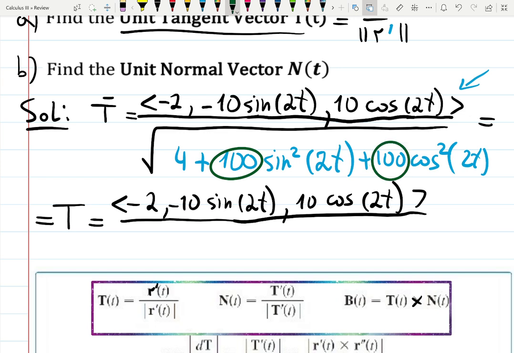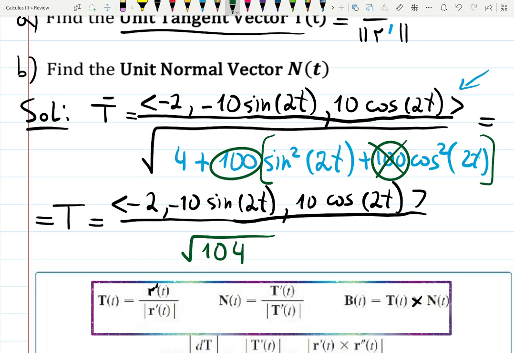When I factor out 100, I will have sine squared plus cosine squared, and that gives you 1. So it's going to be 4 plus 100, which is the square root of 104. Does it make sense what I just did? I factor it out, and sine squared plus cosine squared gives you 1.